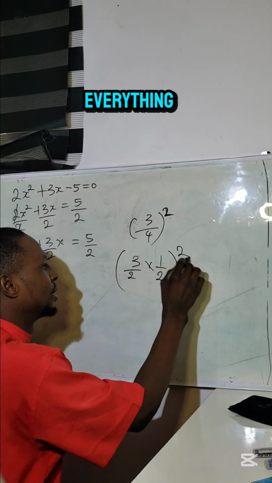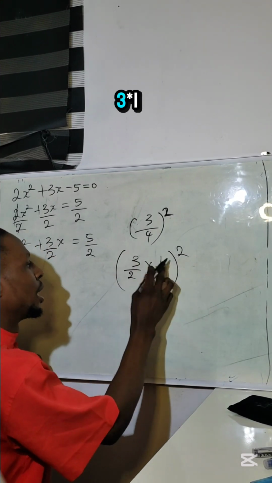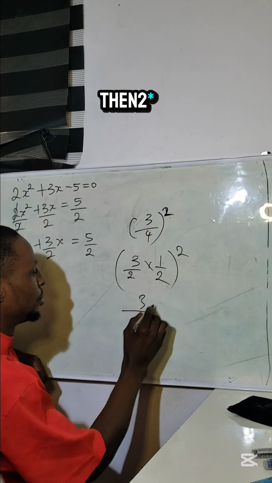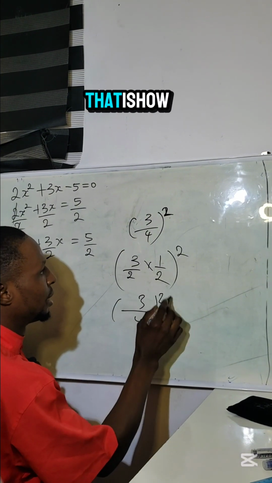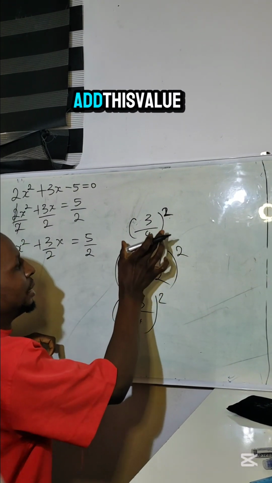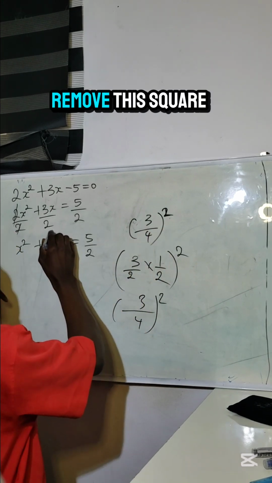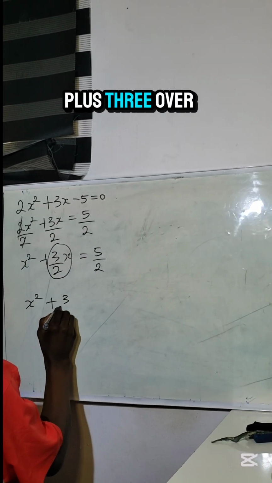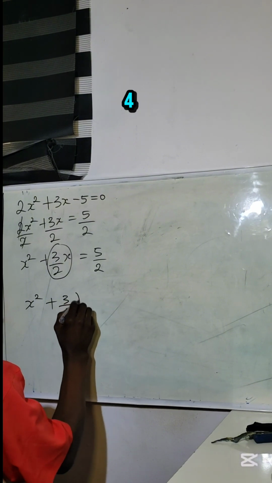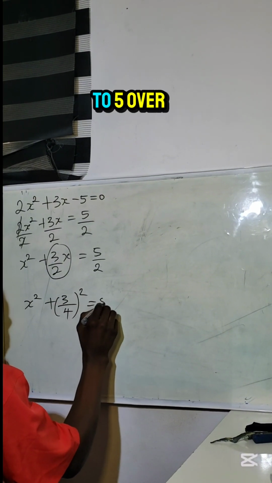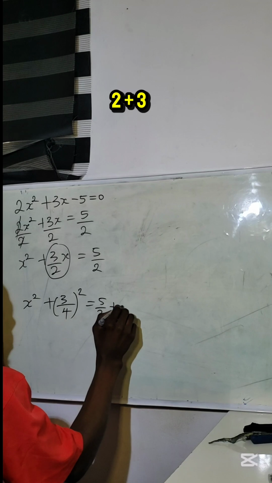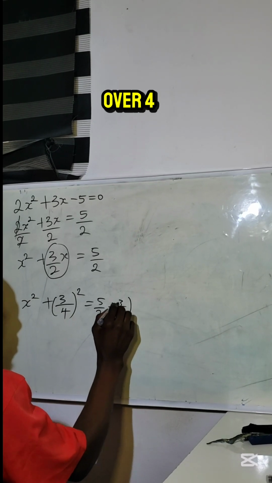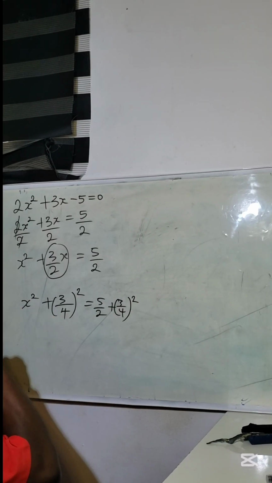So 3 times 1 is 3, and 2 times 2 is 4. That is how I got this. So I'm going to add this value to both sides: x squared plus 3 over 2 x plus (3 over 4) squared is equal to 5 over 2 plus (3 over 4) squared.